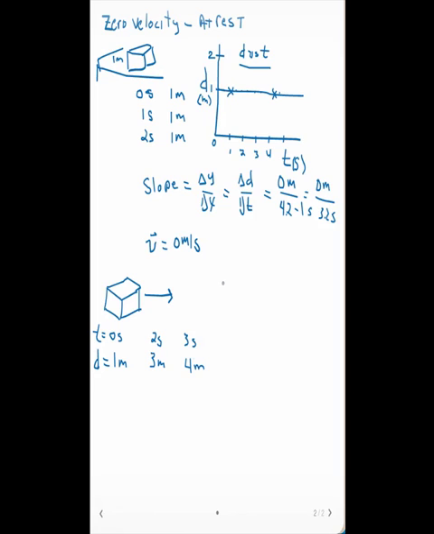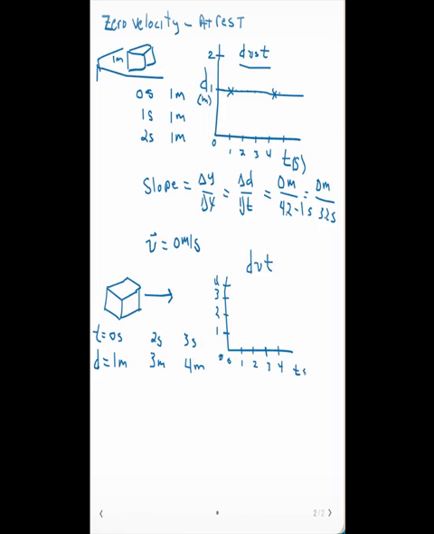And if we were to graph this, distance versus time, we'll go 1, 2, 3, 4. We start out at 0, 0, and at 1 second, there's 2 seconds, there's 3 seconds, there's 4 seconds.